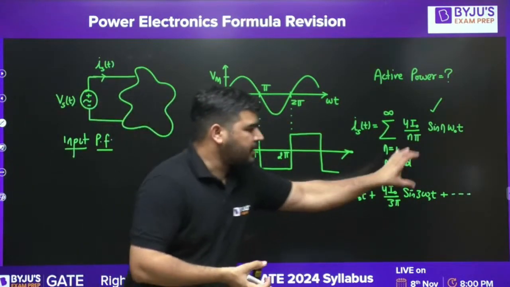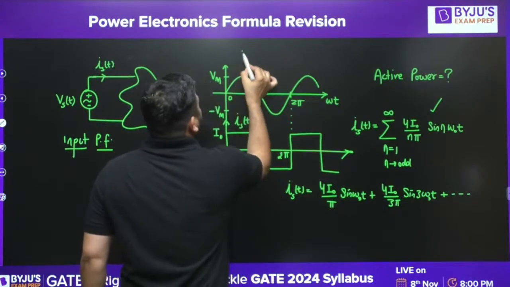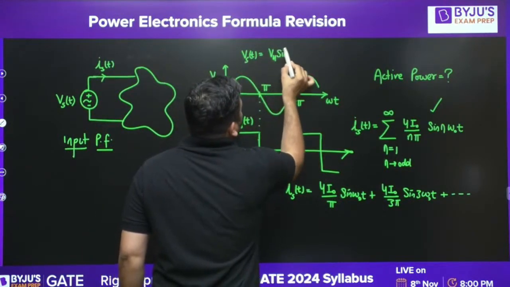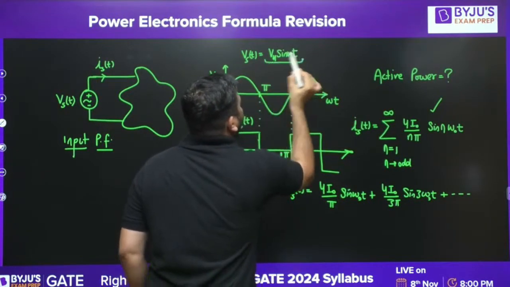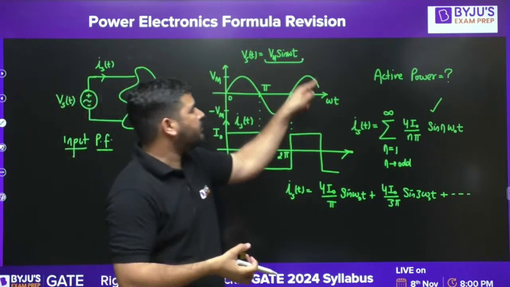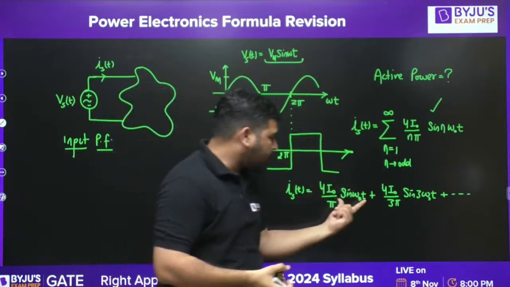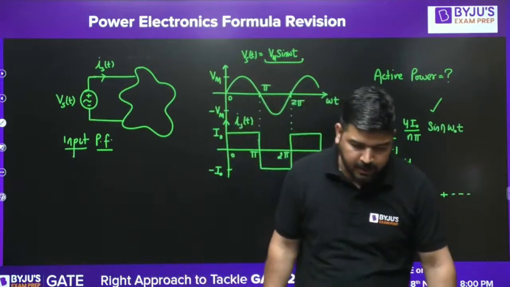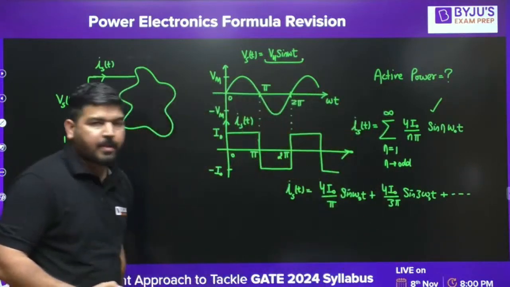Now look, the voltage source vS(t) is Vm sine omega t, a pure sine wave. But the current has sinusoidal terms of third harmonic, fifth harmonic, seventh harmonic. There are so many harmonics in the current signal.